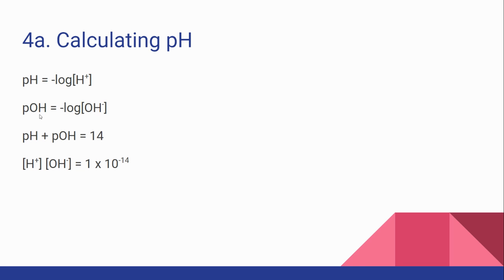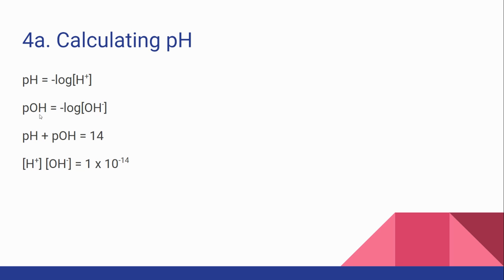And then pH plus pOH of a specific solution: if you have the pH of a solution and the pOH, when you add them together, they'll always add up to 14. So even when you have H plus in solution, you still have OH minus in solution too. You have a small amount as well.